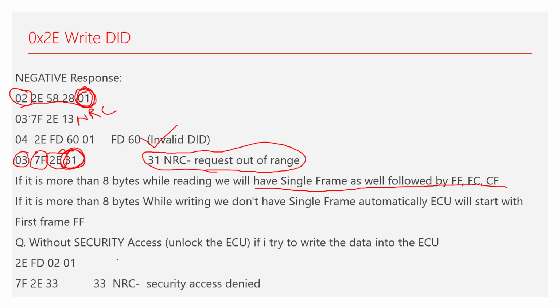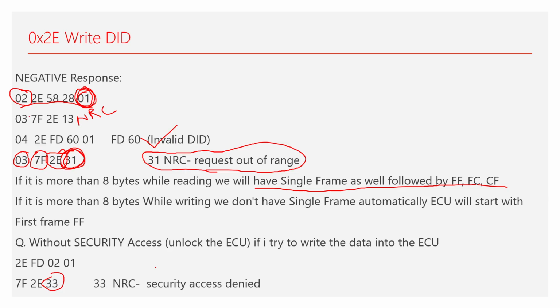Without activating the 27 service, if you write the data to the ECU, what will happen? We will get 33 NRC. Here 33 NRC is nothing but security access denied, because we did not access the ECU without a security code.